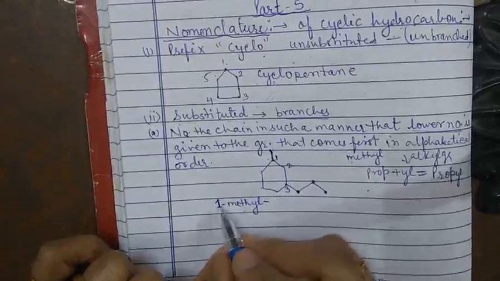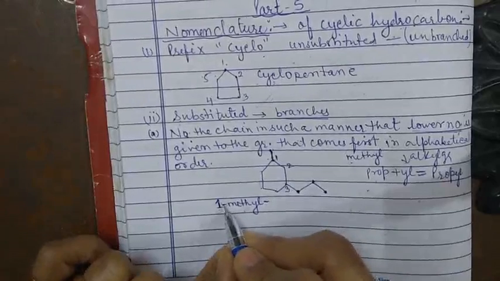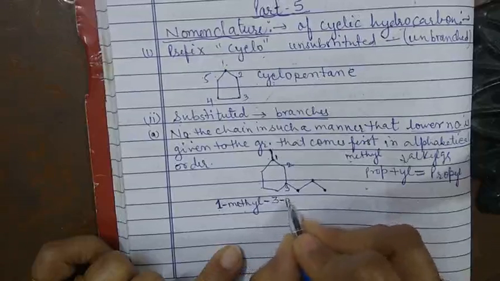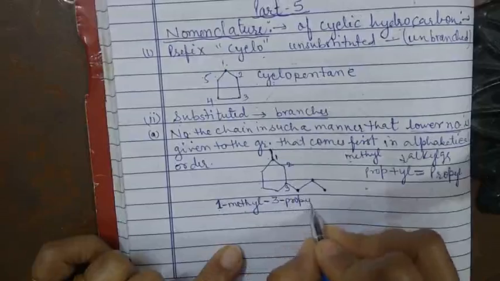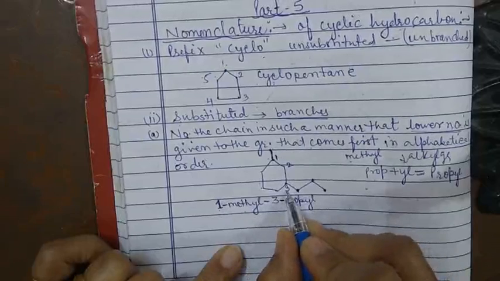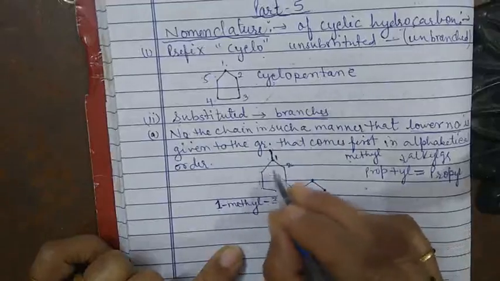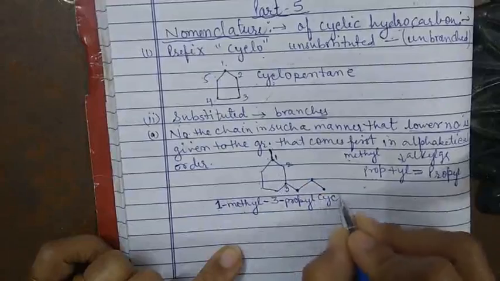Put the dash. This is the rule. After the number we have to put the dash. 3 again dash propyl, because its number is 3, and the base parent word root is cyclohexane.